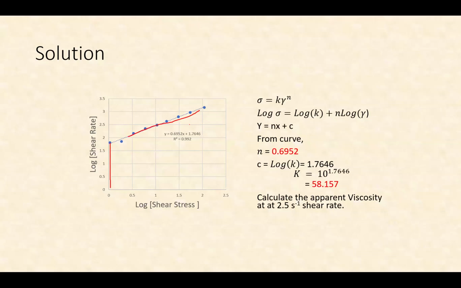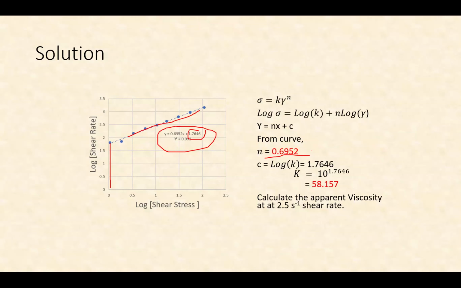From the plot in Excel, you can also get the corresponding equation, where you can see that the slope is 0.695 and the intercept is 1.7646.